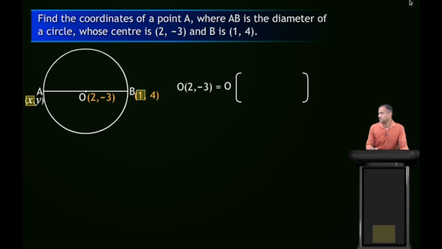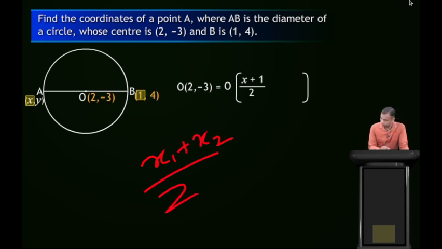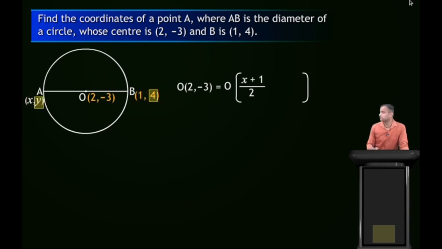So we can write this as (x plus 1) upon 2. Here we will use the midpoint formula, which is (x1 plus x2) upon 2, then (y1 plus y2) upon 2. So this is (x plus 1) upon 2, then you have (4 plus y) upon 2.